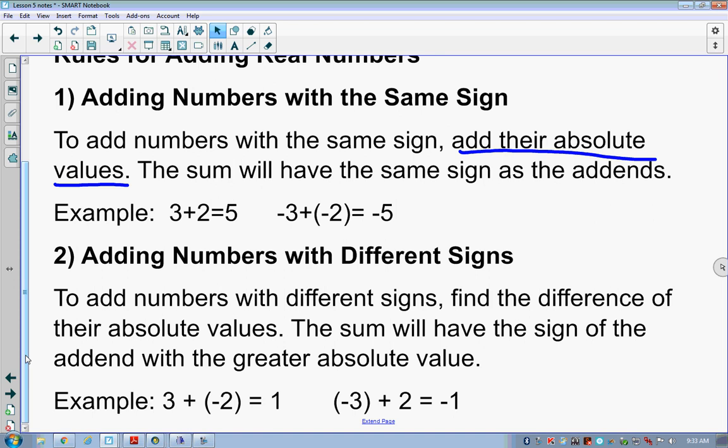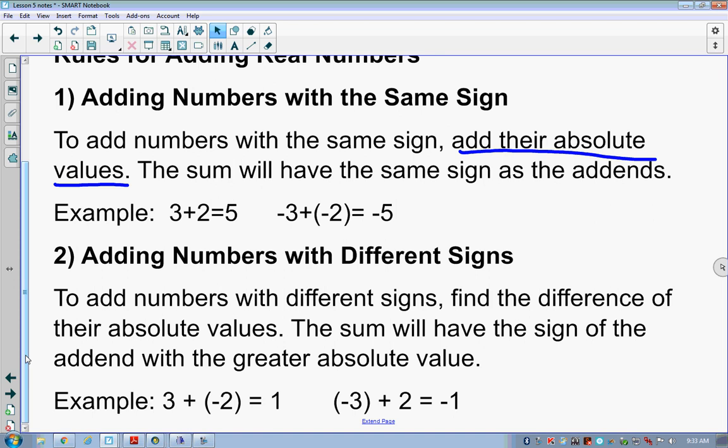What would the statement be? No, that's not what I'm looking for. 3 minus 2, right? Isn't 3 plus negative 2 the same as 3 minus 2? Yes? So sometimes, especially if my positive add-in is bigger, it may be easier for you just to see that as 3 minus 2, right? Would I get the same answer? Yeah, I still get 1.